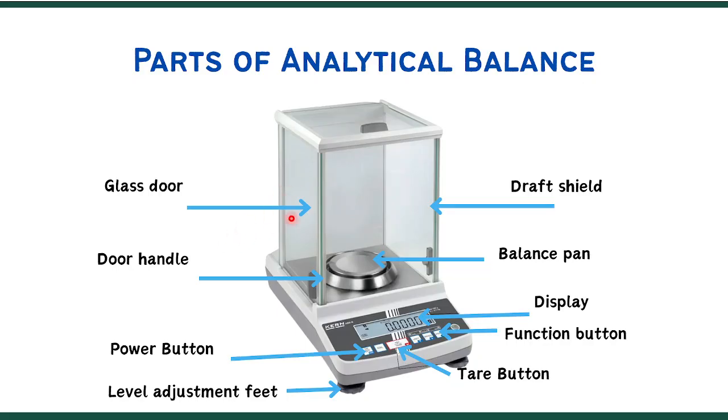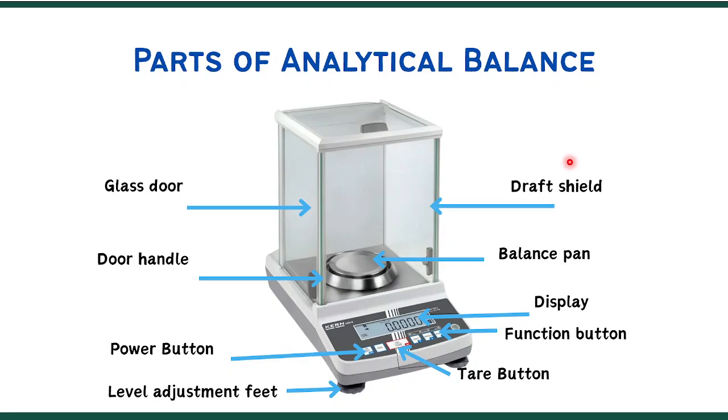Meanwhile, the door handle is the part of the analytical balance that you use to open and close it. You can also open and close it from the side. The door handle is what you hold to open it.